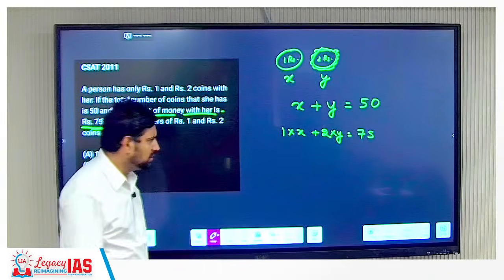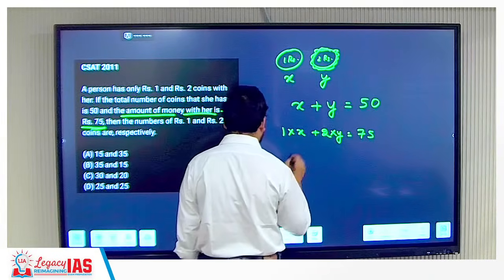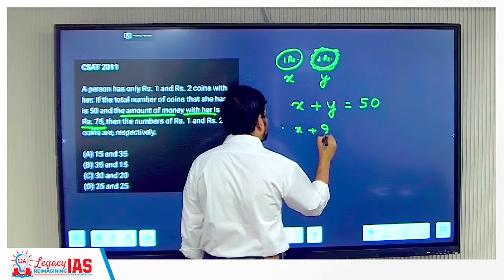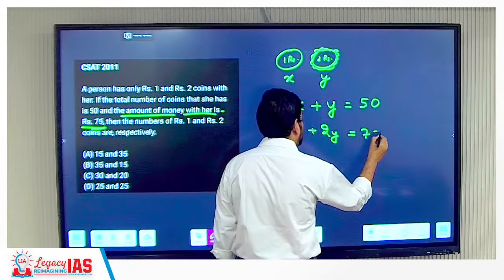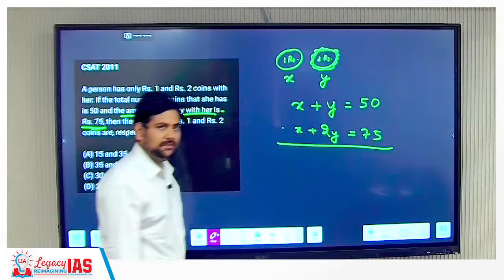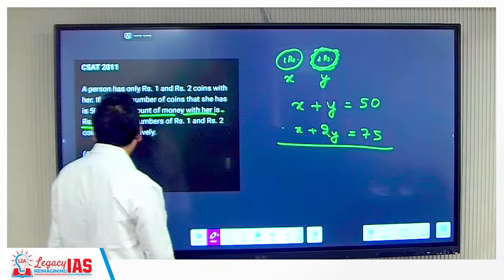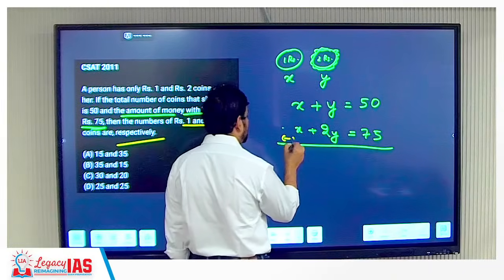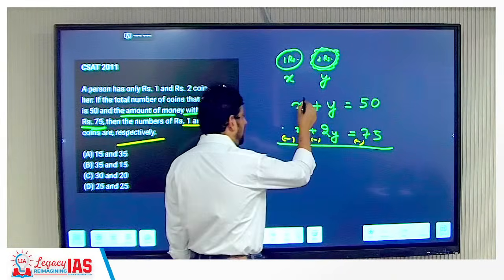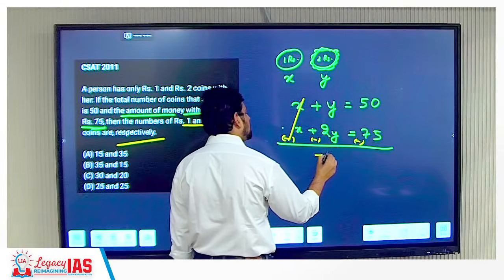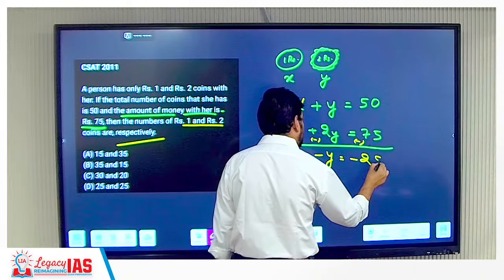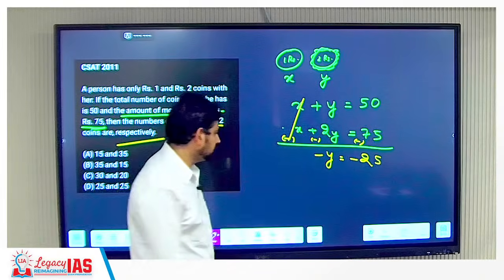Now you have the two equations. I'm writing this in better form, which is x plus 2y is equal to 75. This is the same equation. Now it is asking me the number of 1 rupee and 2 rupee coins. You can just subtract. x and x cancel out. y minus 2y is minus y. 50 minus 75 is minus 25.